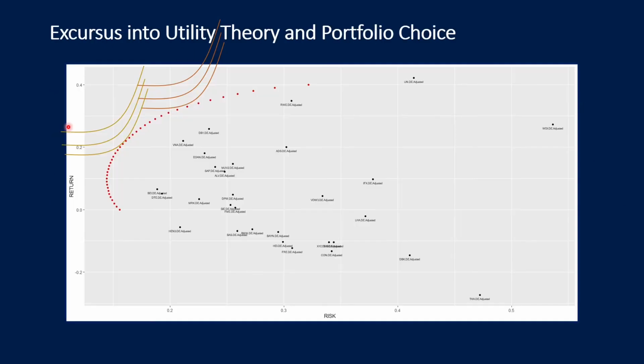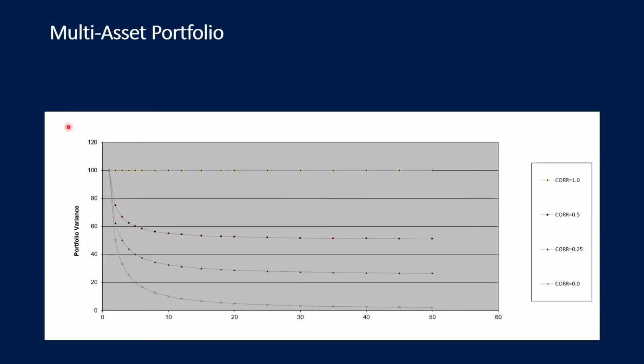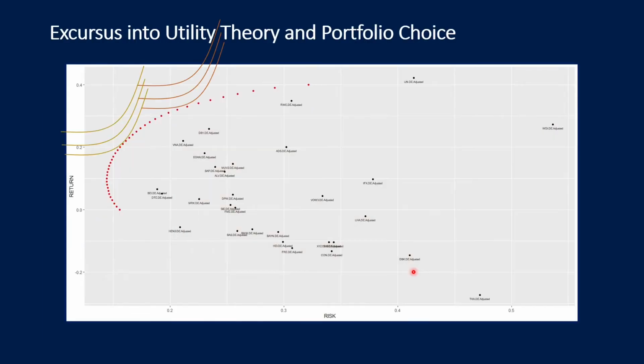I just remind you on this one, when correlation was 0, the curve went down a lot and it strived against 0, but we don't have that. Normally we have correlations around 0.2, 0.5, so they're striving against something that is above 0.